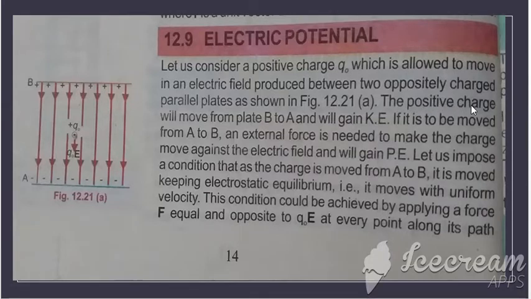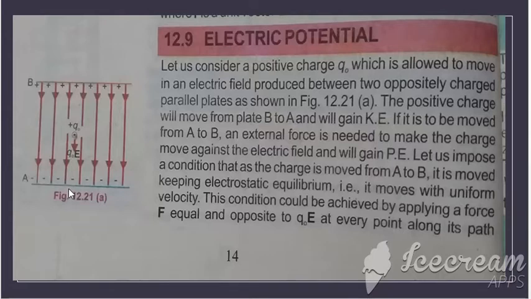If we place a test positive charge between the two oppositely charged plates, the positive charge will itself move towards A. Its direction of movement will be from B to A, and while moving towards A, it will gain kinetic energy.